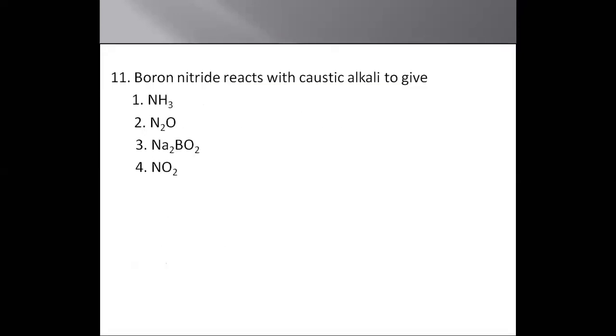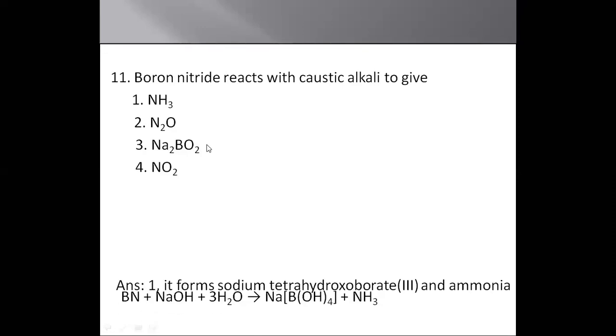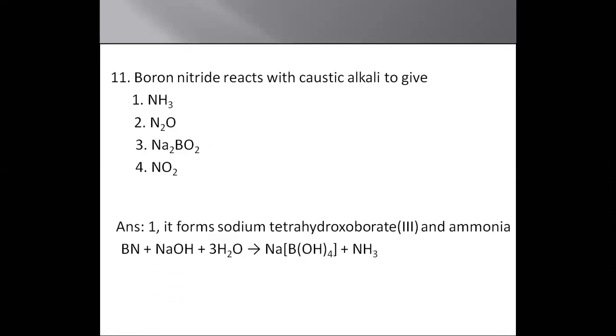Now, next one: boron nitride reacts with caustic alkali to give. This is the reaction of boron nitride, BN, reacting with caustic alkali, that is, a strong alkali. What happens in the reaction? Whenever you react boron nitride with caustic soda, you get tetrahydroxoborate(III) and ammonia.